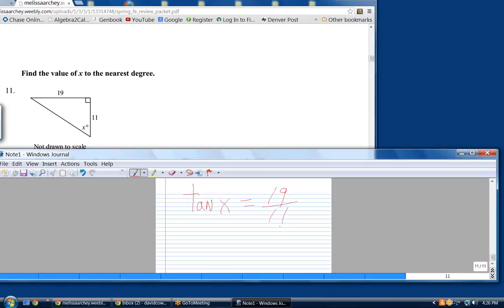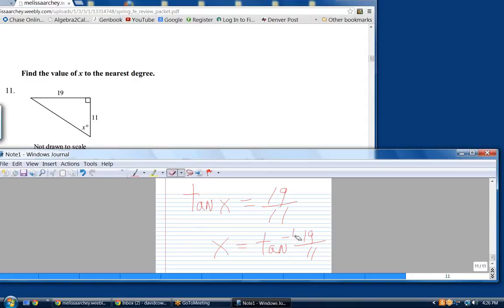Now, to solve for x, we have to take the inverse tan of 19 over 11. But be very careful about calling that the negative tan, because it's not the negative tan. Negative tan is this. It's the inverse tan.